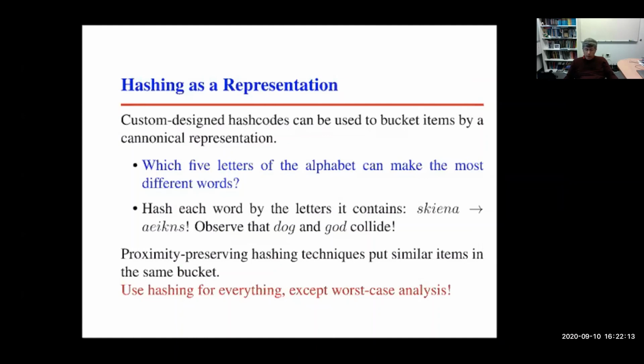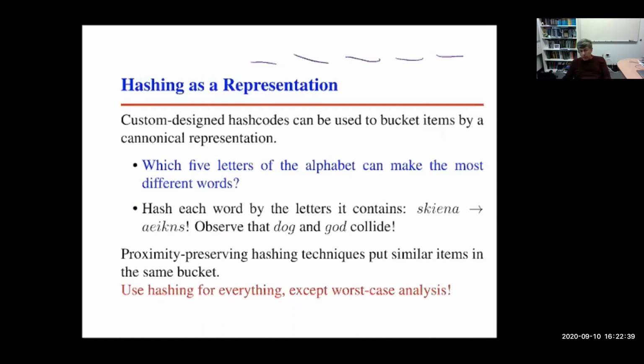Suppose I want to know whether two words are anagrams. Let's say I give you a set of n words, and I want to know whether any two words are anagrams, meaning they're rearrangements of each other. How can I do that?